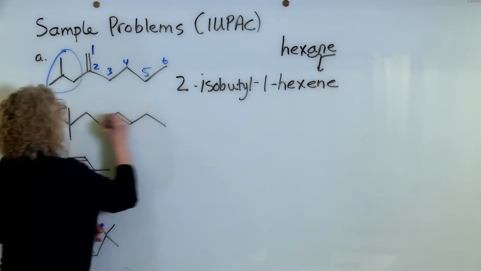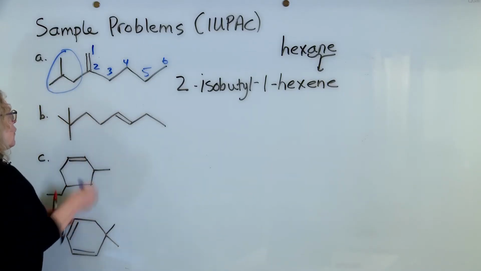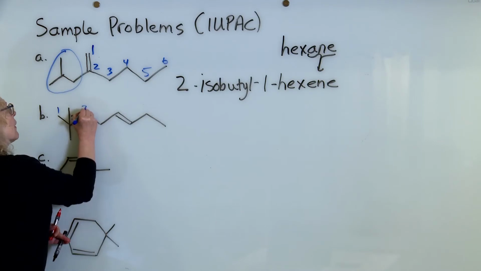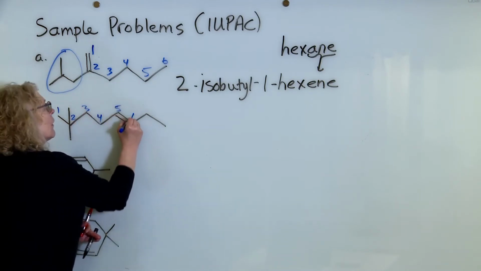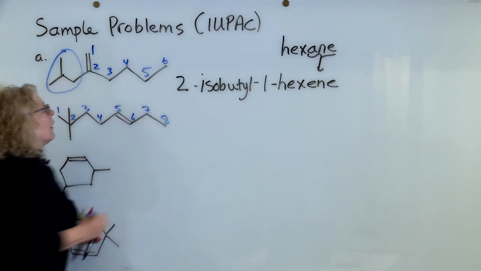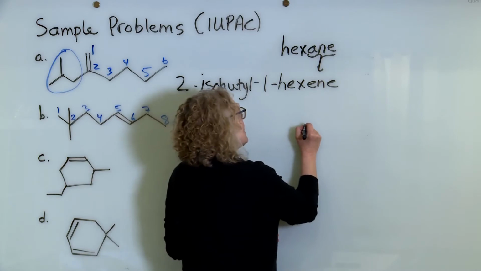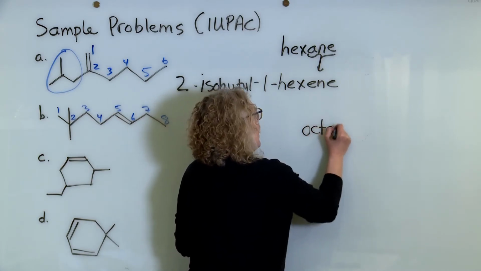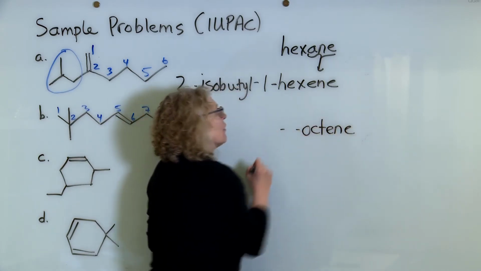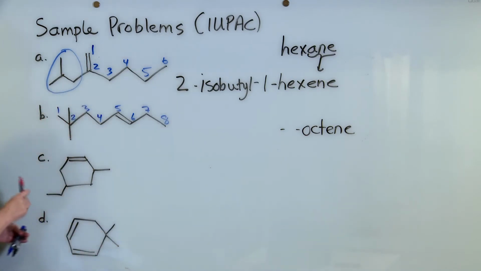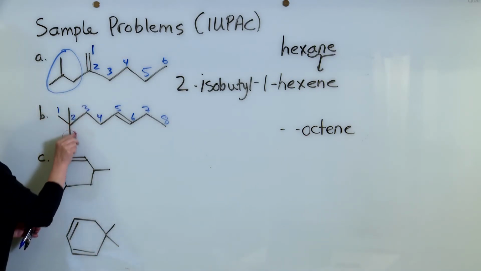The second molecule here, the longest chain goes from left to right. And so this has 8 carbons, so this is going to be an octene. Again, leave a little space for a number, and we have 2 methyl groups.